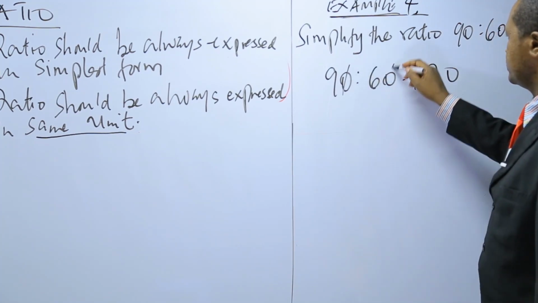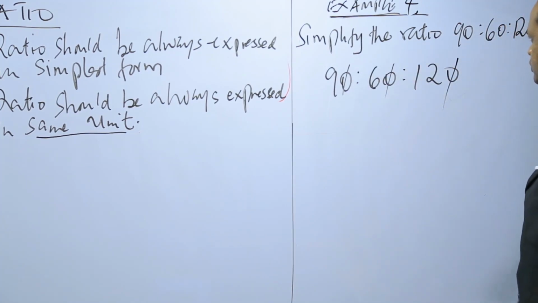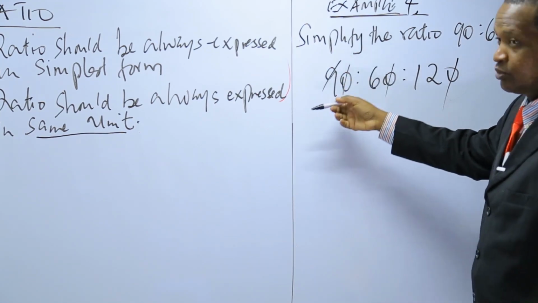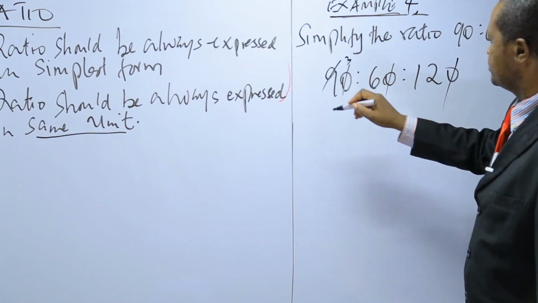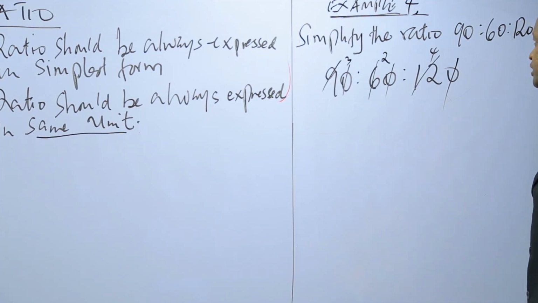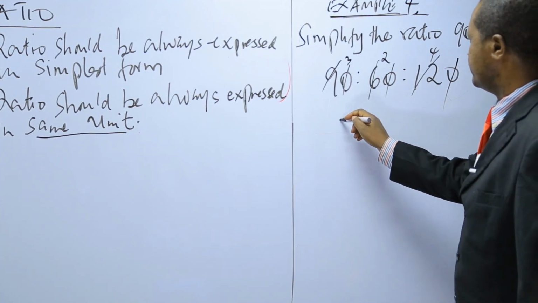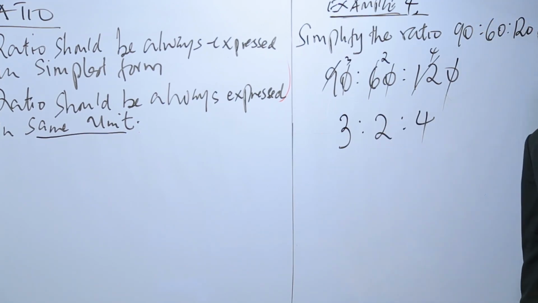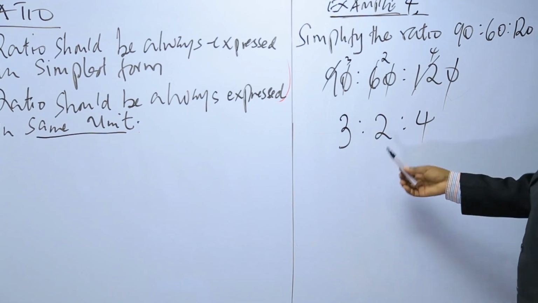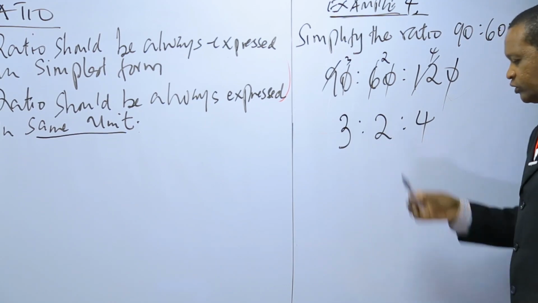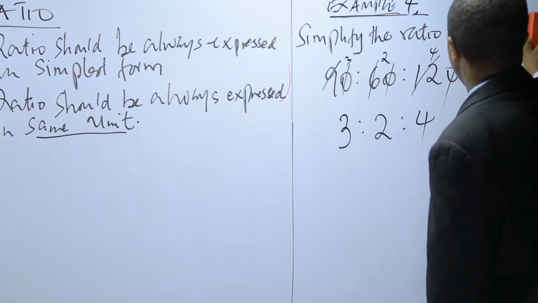This 0 cancels out with this 0, cancels out with this 0. 3 is common. 3 goes here 3 times, 3 goes here 2 times, 3 goes here 4 times. So simplifying the ratio to its simplest form, we have 3 to 2 to 4. Simplify the ratio 90 to 60 to 120 is equal to 3 to 2 to 4.